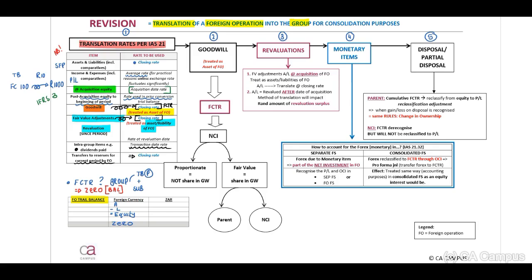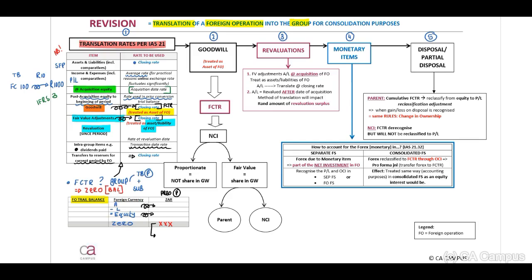But now, due to the rules that we have identified relating to our translation rates of IAS 21, we need to translate all of these items to a presentation currency of our parent, being Rand in this example. And at the end, when you test your trial balance, you will identify that this trial balance will not balance. Why not? Because we have different rules.